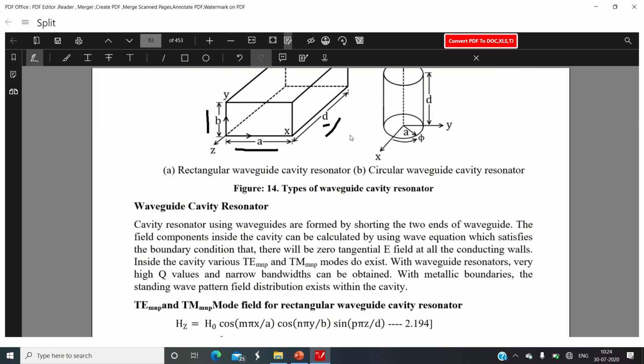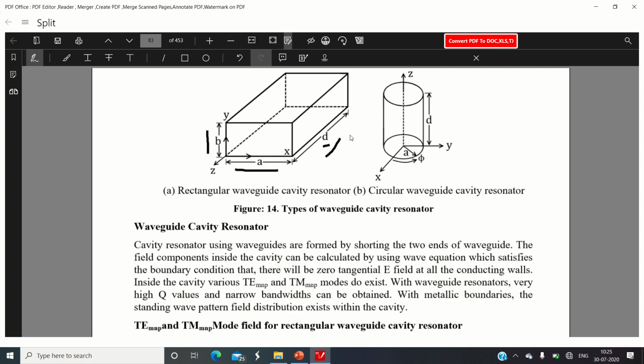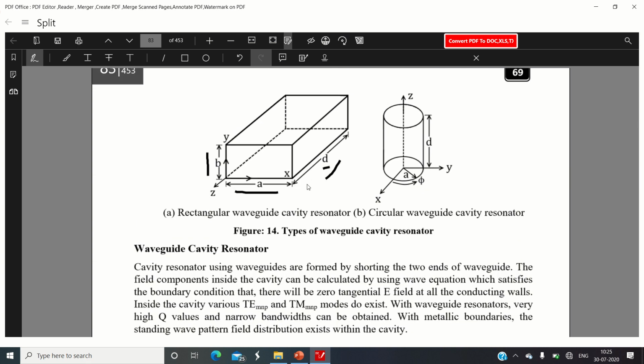Here we also get modes of operation, which are again TE mode and TM mode. But here we add one more additional suffix.